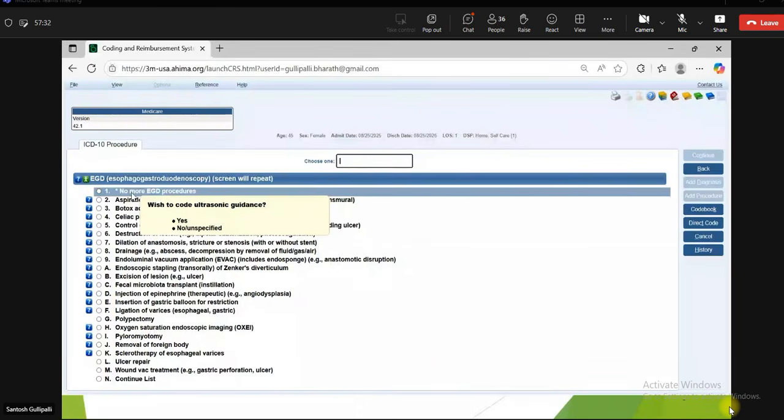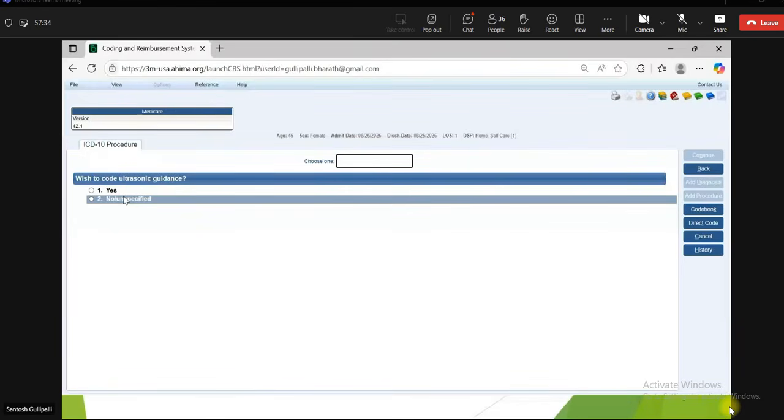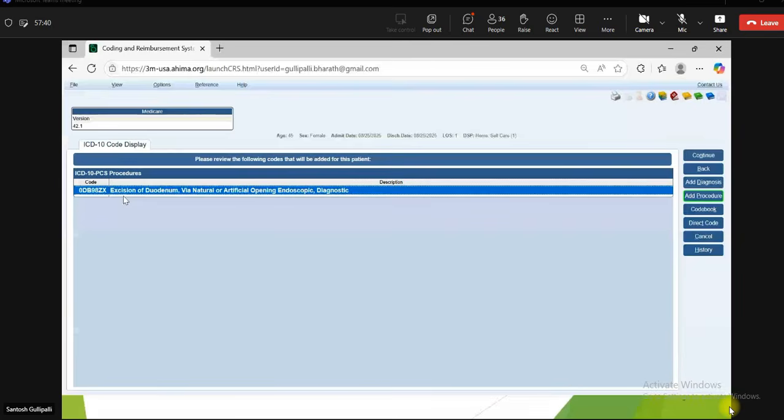In the 0 Medical and Surgical section, the second character D is the gastrointestinal system, the third character is the root operation Excision, value B. The fourth character body part is duodenum, value 9. The approach is 8, via natural or artificial opening endoscopic approach.